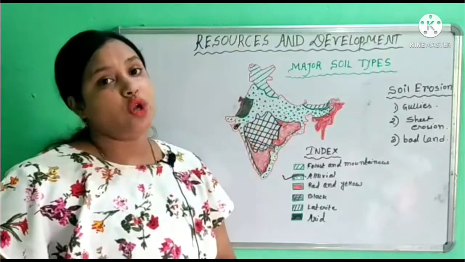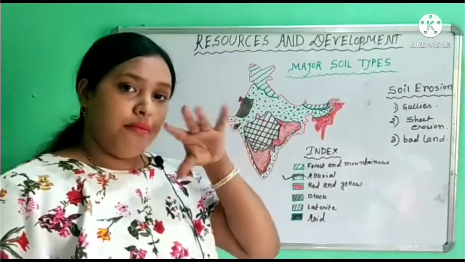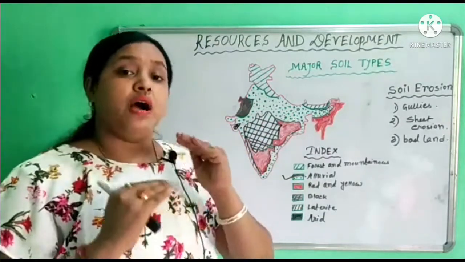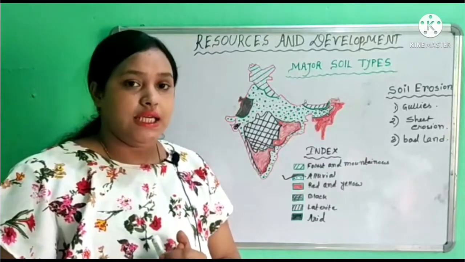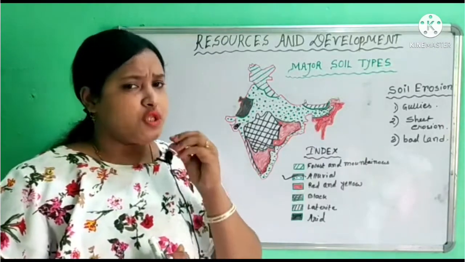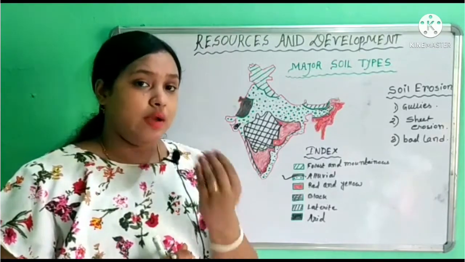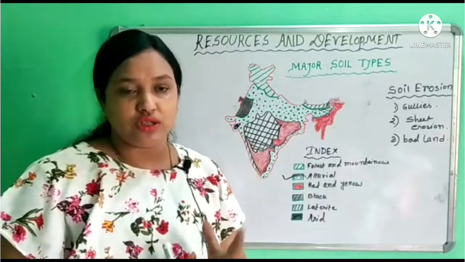Now we talk about the size of the alluvial soil. In the mouth of the river, the soil particles are mainly sandy, clay, that means fine materials.